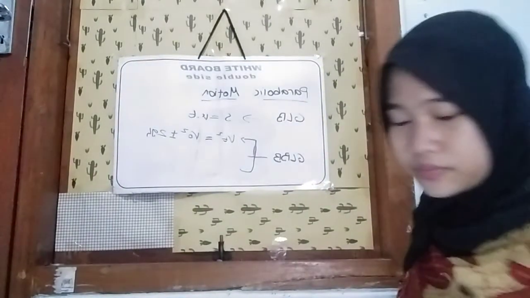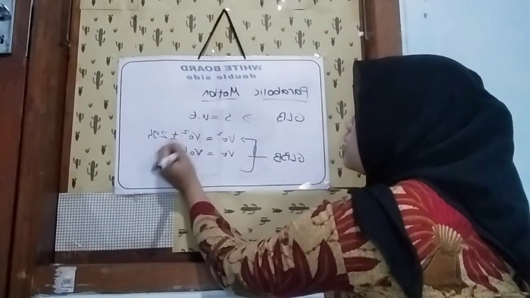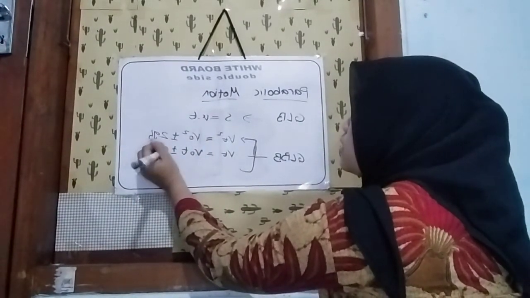The second, Vt equals V0 plus or minus a times t.